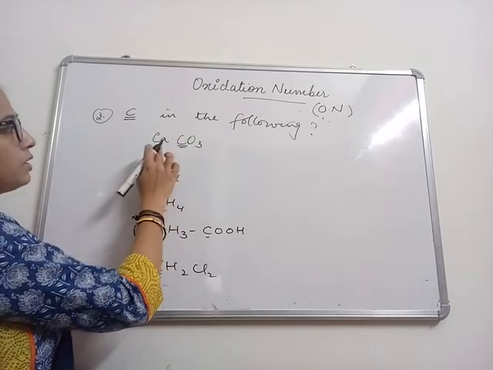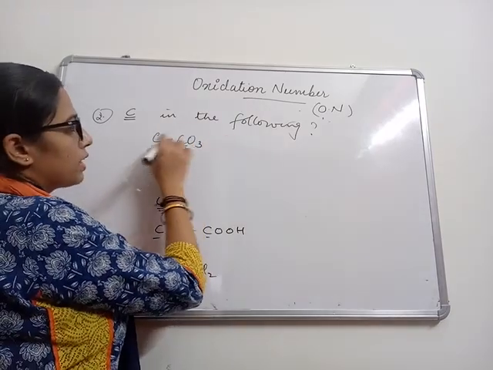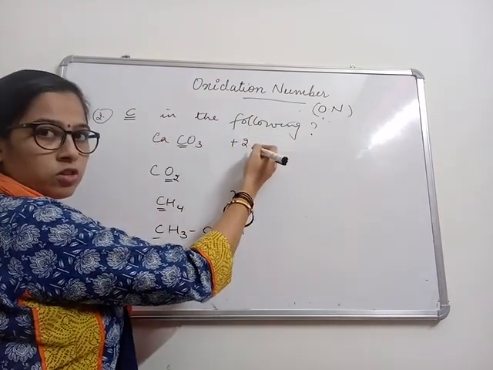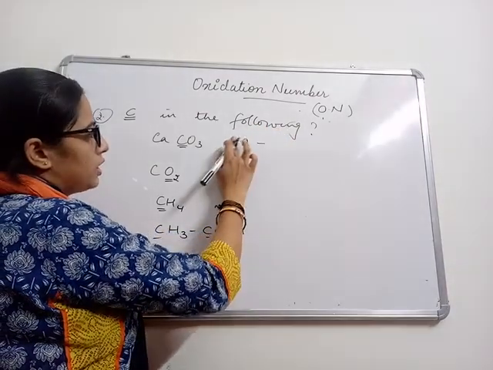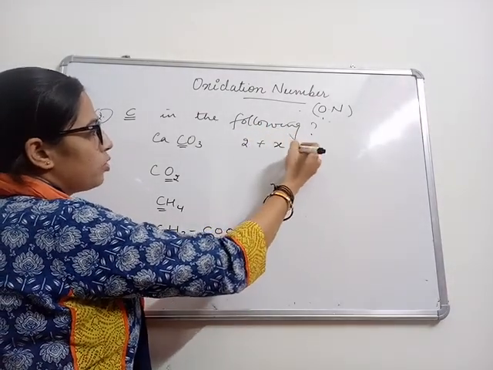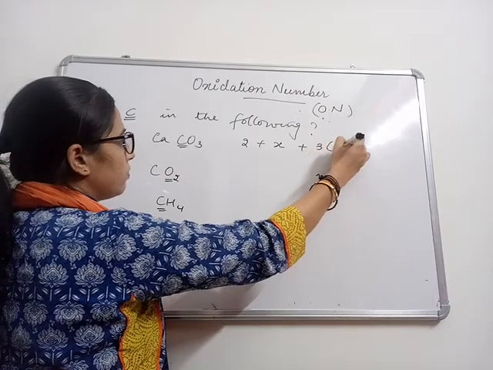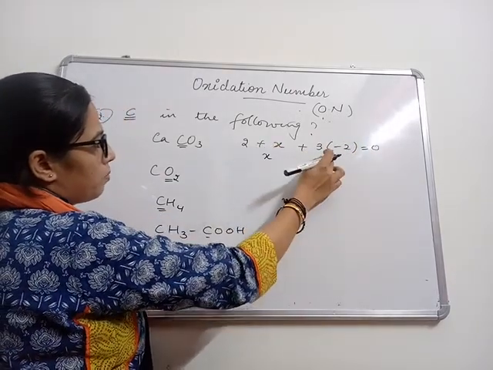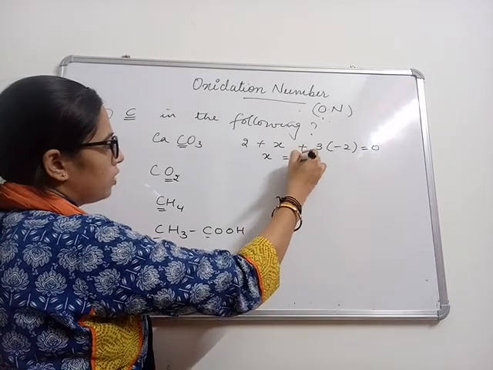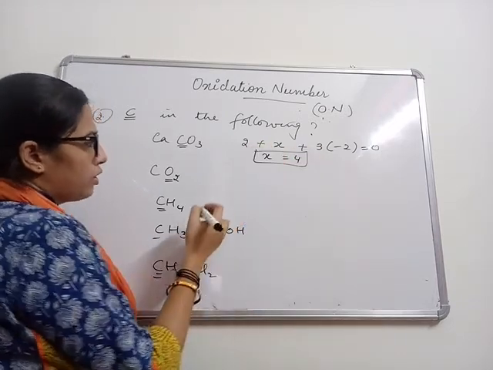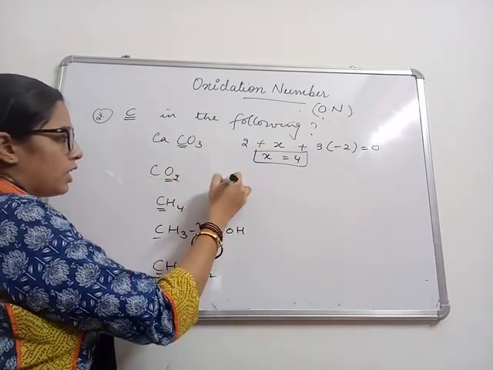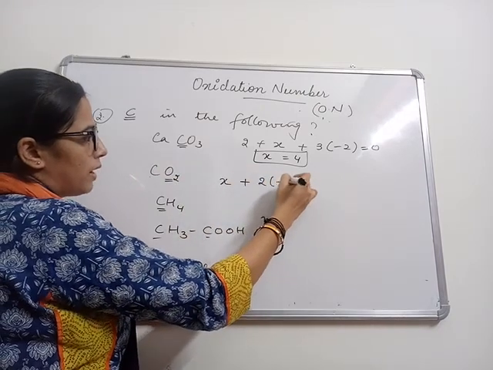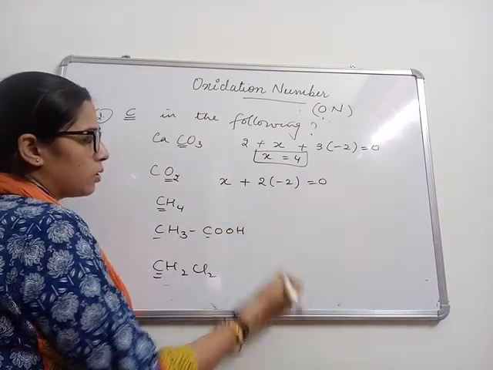Now here calcium carbonate, calcium alkaline earth metal always with +2 state. Then you have carbon, we don't know, let that be X, 3 oxygen with -2, so the overall charge is 0. So X minus 6 plus 2, so it is equal to 4, so the carbon is in +4 state. Carbon dioxide, carbon X, 2 oxygen with -2 state and the sum is equal to 0.